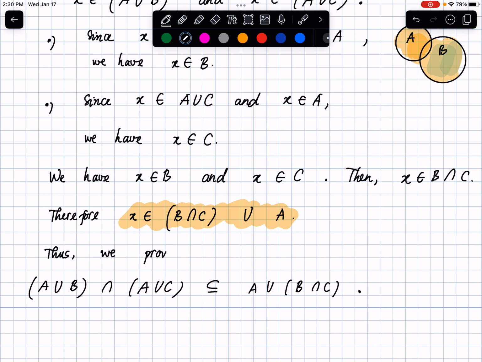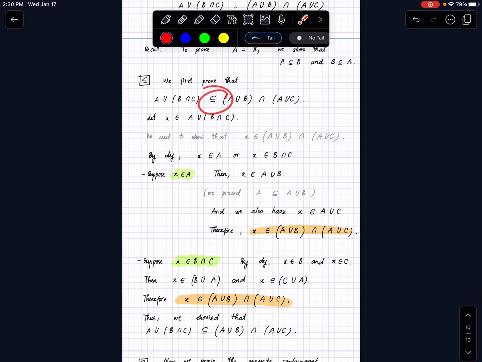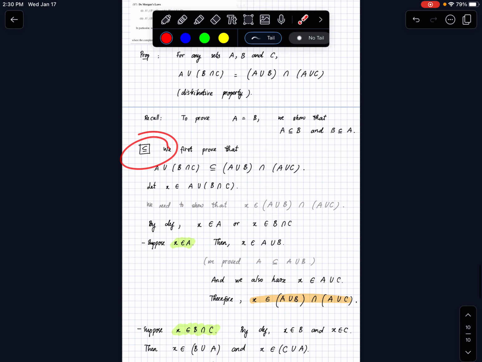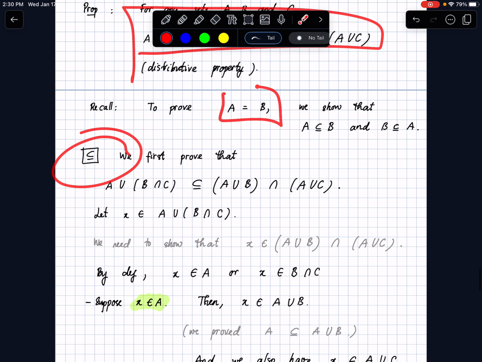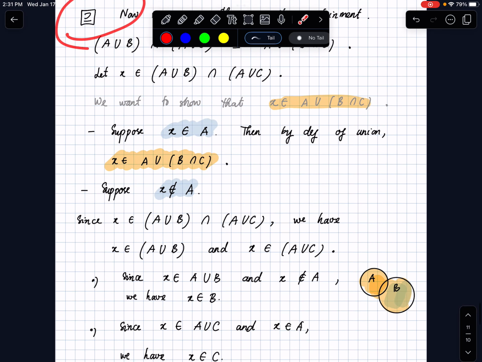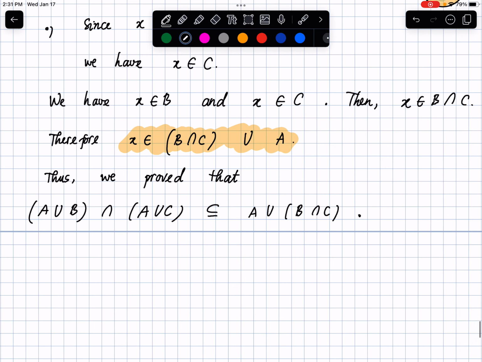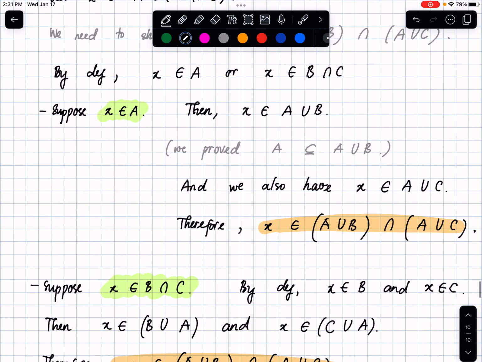We prove it. And we prove two containments, the first one and the second one, which means we prove the equality. Two sets are equal. Right. We prove two sets are equal. Thus we are done. So that is a way to prove this proposition.